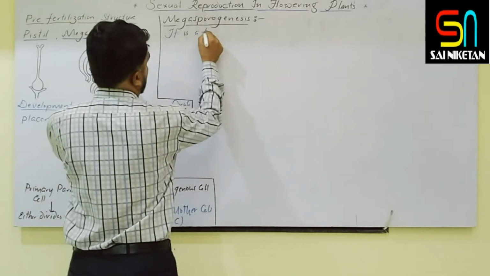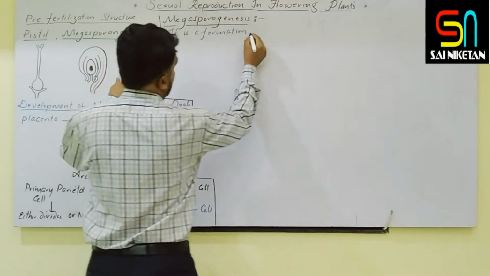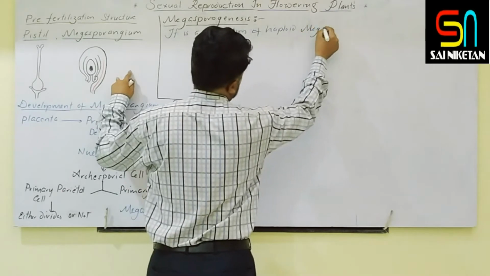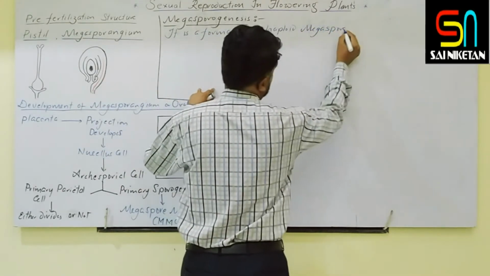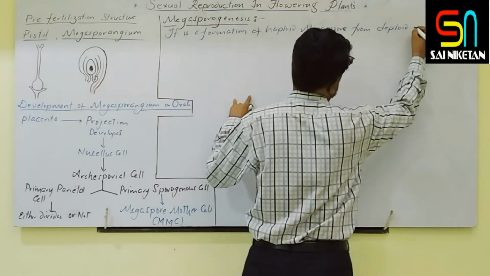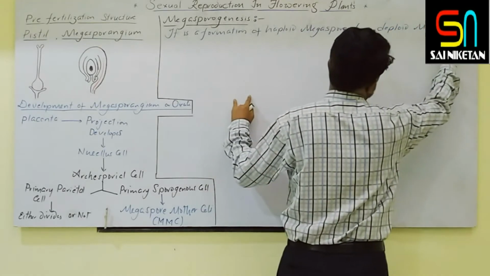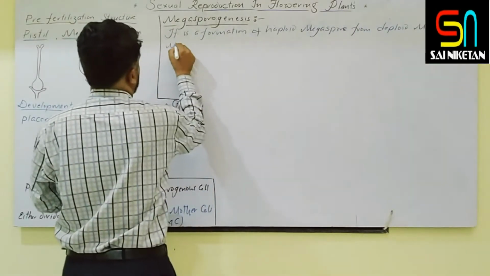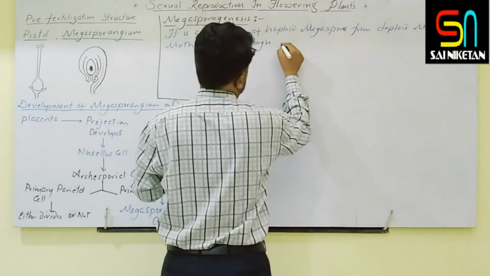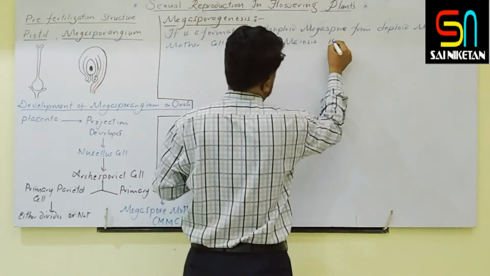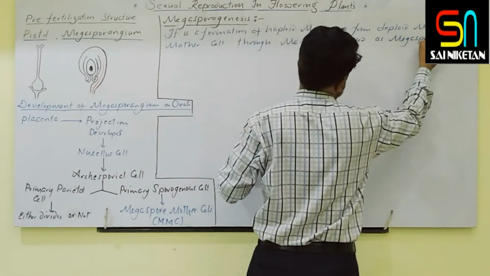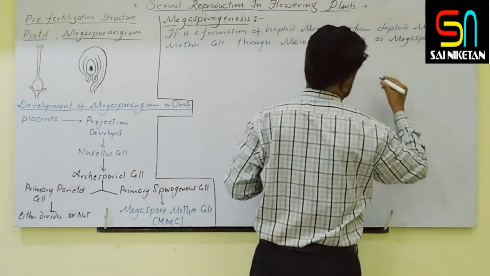Megasporogenesis means, first I will write the definition. It is the formation of haploid megaspore from diploid megaspore mother cell through meiosis, and it is called megasporogenesis.